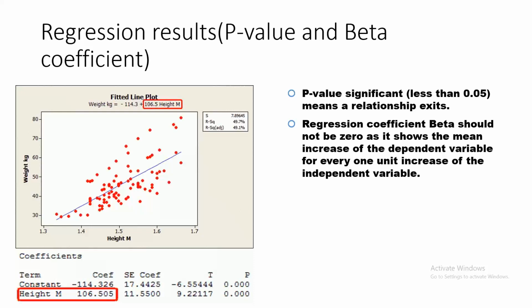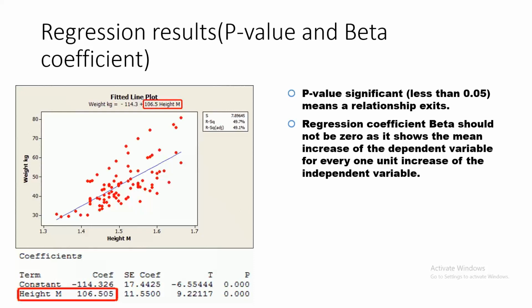I have already explained yesterday many times, less than 0.05 means significant, means the moderator is making an impact. You'll see it in the software also. There will be a significant value which you have to check, and that tells us whether this factor is impacting the other or not.